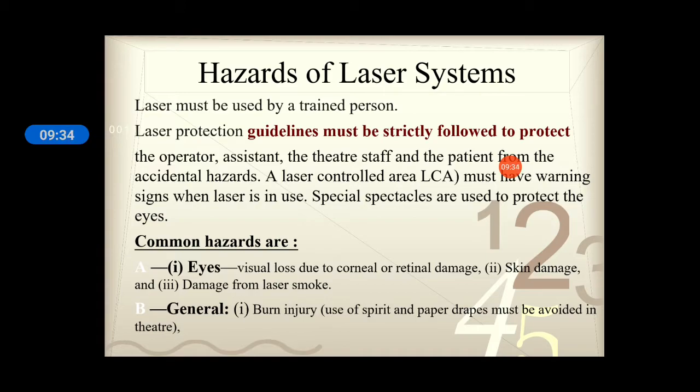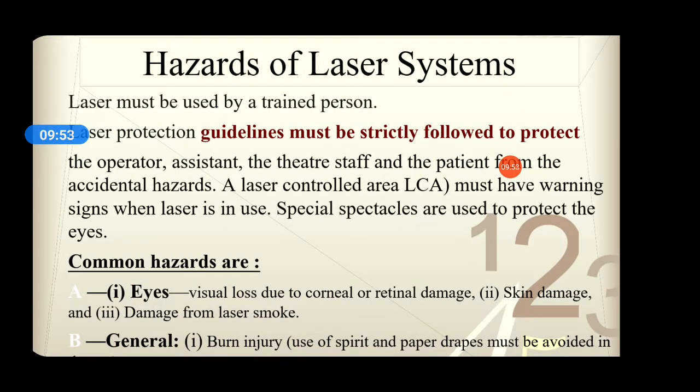A separate area has to be prepared for the laser system, because the assistant and working staff should protect themselves from the laser, as it produces harmful waves. So special spectacles are to be used to protect the eyes. Whoever is working in the laser room, the staff, assistant, operator and patient should protect themselves, especially the staff, who can wear special spectacles or lenses to prevent the effect of the laser beams.